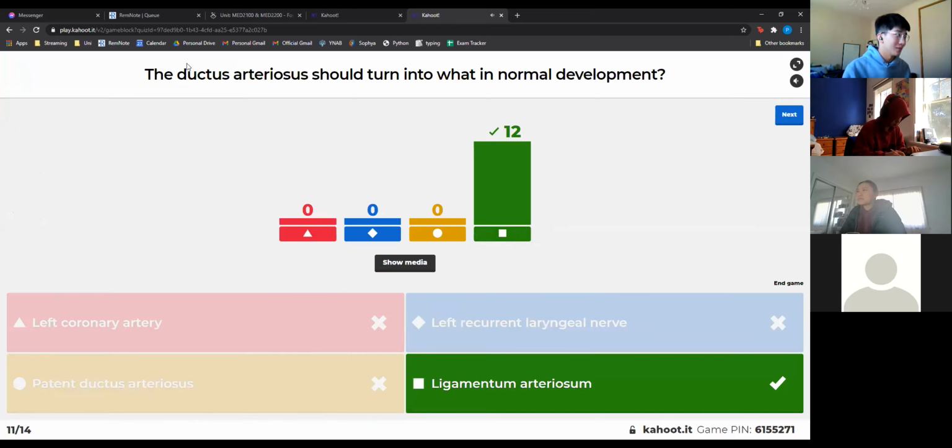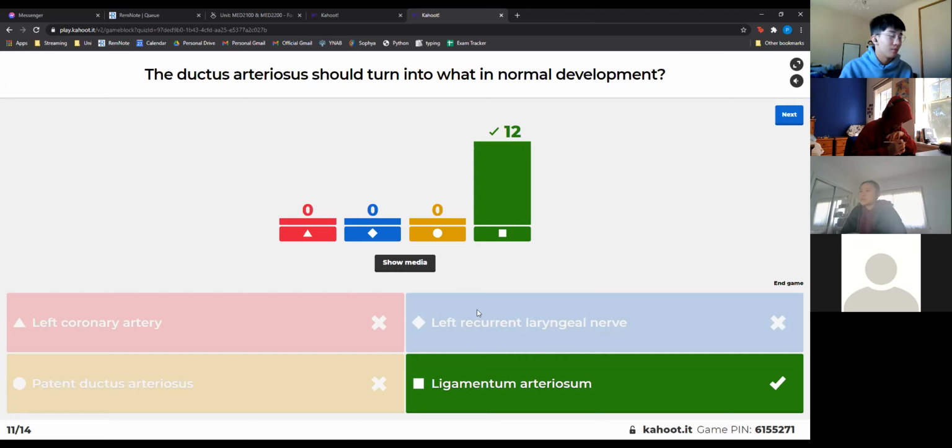Yeah, good. So as Zoe was saying, the ductus arteriosus, which helps to bypass the lungs, should turn into the ligamentum arteriosum. This is located on the arch of the aorta, and it's a really important landmark. The exams love it because it's a significant landmark for the left recurrent laryngeal nerve, which is a branch of the vagus nerve.